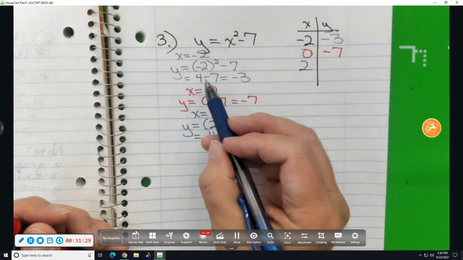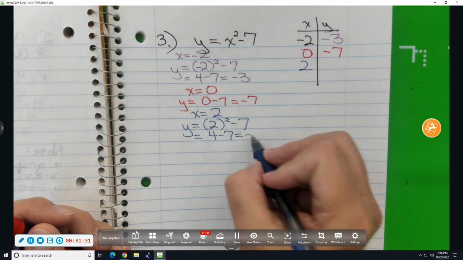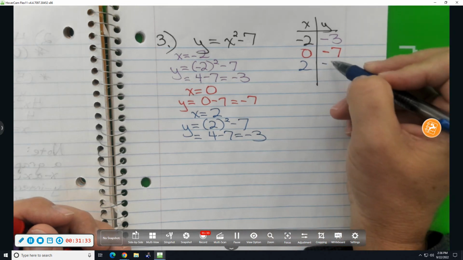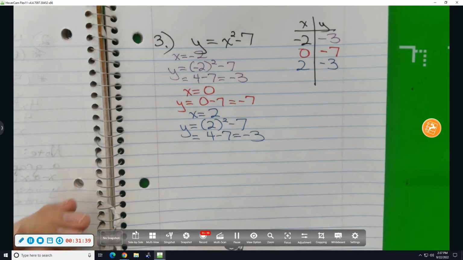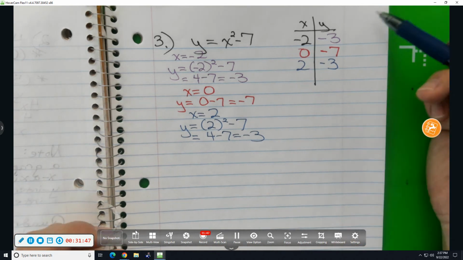That gives us the same thing we got for the first ordered pair, -3. Those U-shaped figures that we're drawing, these parabolas, are symmetric. The left side should be the mirror image of the right side. So we have our table with 3 ordered pairs.